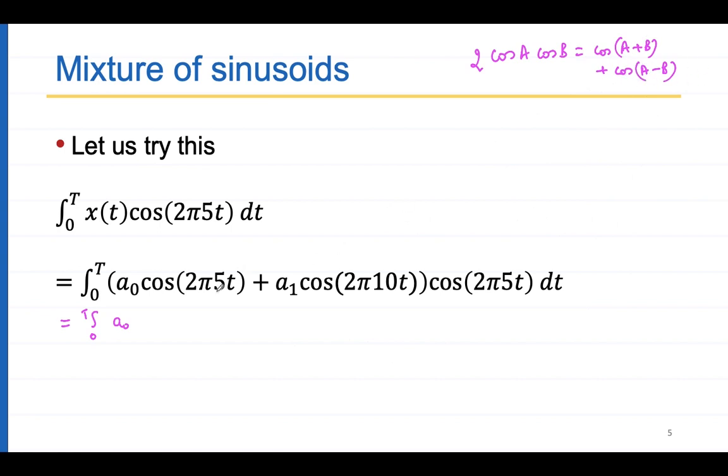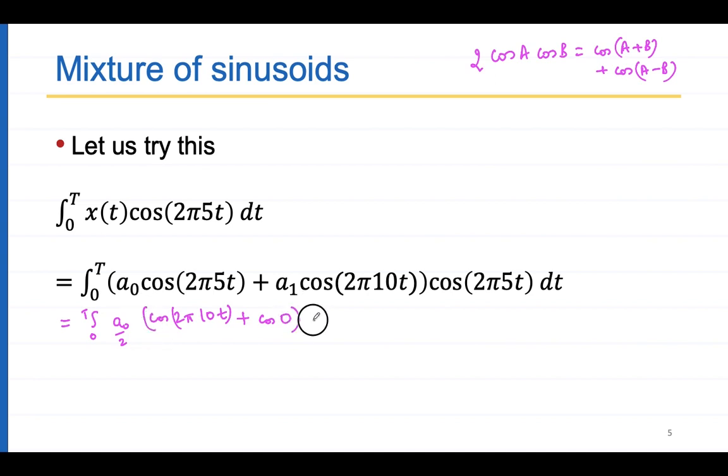So what is cos(A+B)? This will be, let's say, 1 upon 2 here. cos(A+B) is cos of 2π10t, plus cos(A−B), which is cos of 0.